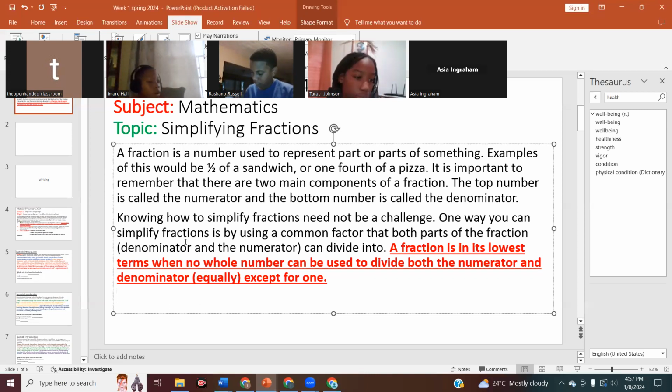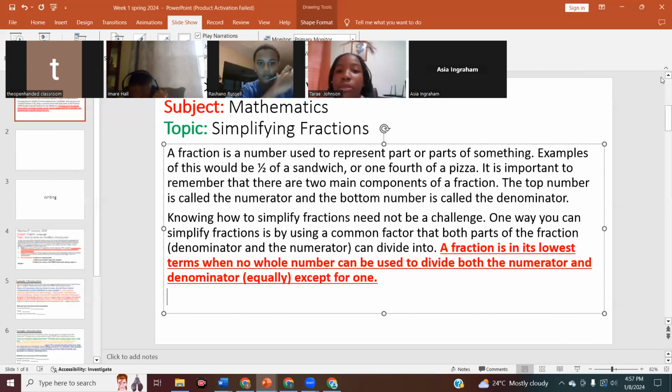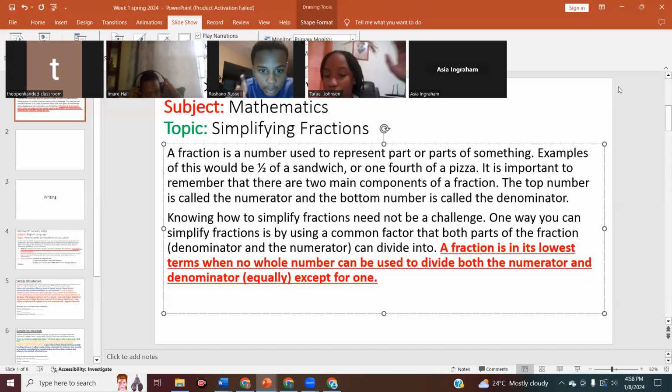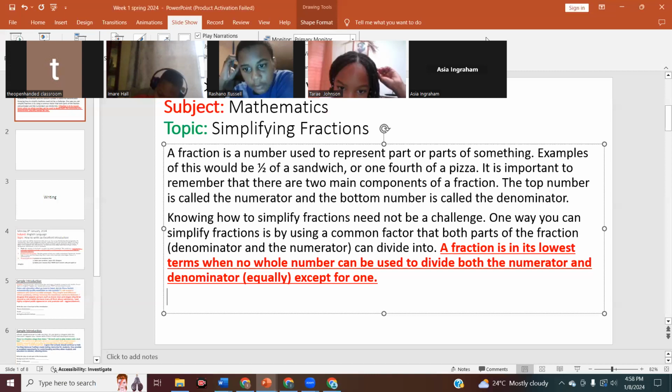Rashano, read these 2 paragraphs, please. A fraction is a number used to represent parts of something. Examples of this would be half of a sandwich or 1/4 of a pizza. It is important to remember there are 2 main components of a fraction. The top number is the numerator, and the bottom number is called the denominator.